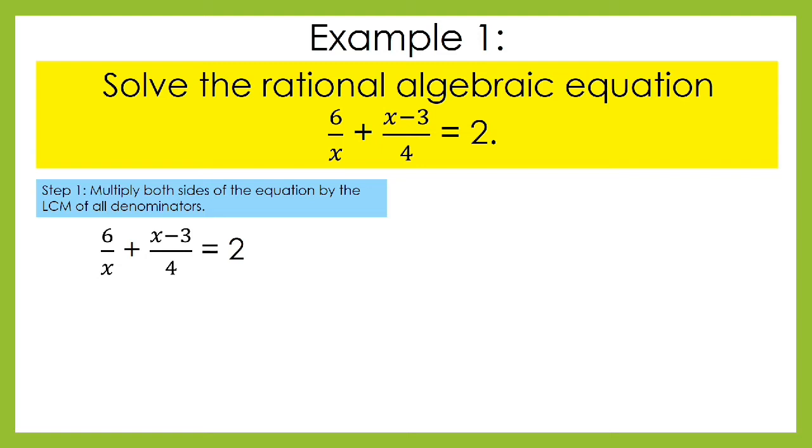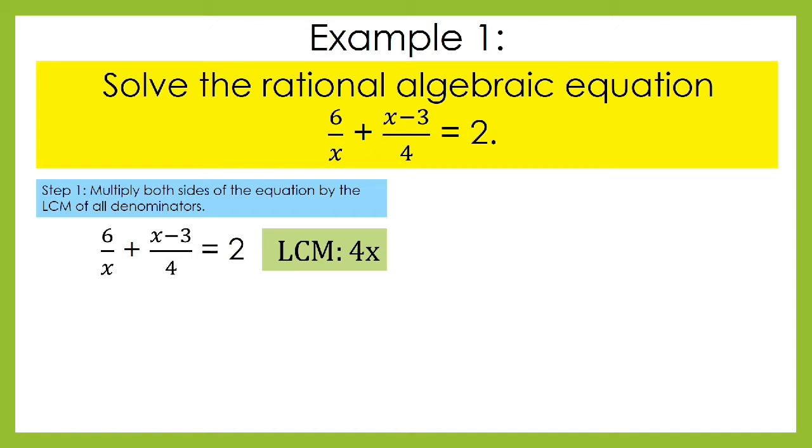Pag sinabing LCM or least common multiple, these are the least numbers that is a multiple of both the denominator. So, ang denominators natin ay 4x and 4. So, ang least common multiple nila ay 4x. Ito yung least number na multiple ng 4 and x.